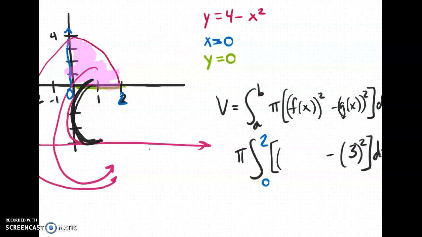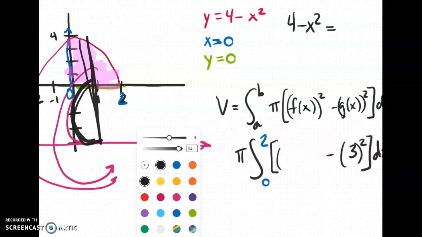So that is going to be, let's see here. It's that distance from here to here. So we've got 4 minus x squared here. And then we got 3 units here.